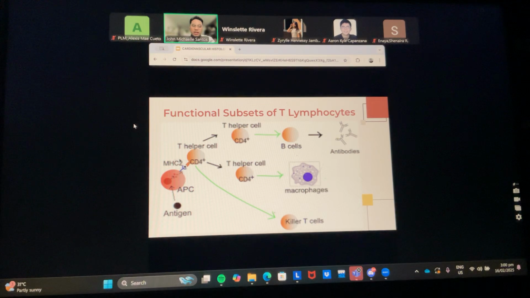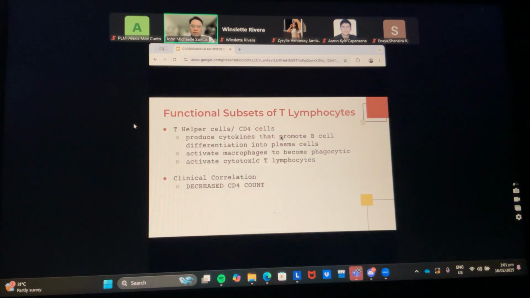Okay? So kung na-detect ni T helper yung major histocompatibility complex, mag-proliferate yan ngayon to T helper, and your killer T cells or your cytotoxic T cells, and your T helper cells can activate macrophages, and your T helper cells can activate now your B cells, becoming plasma cells and producing now your antibodies.